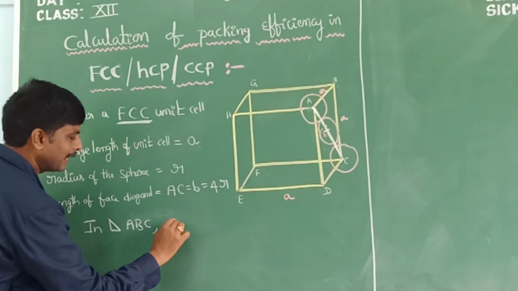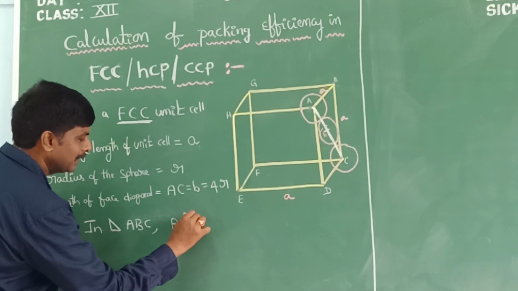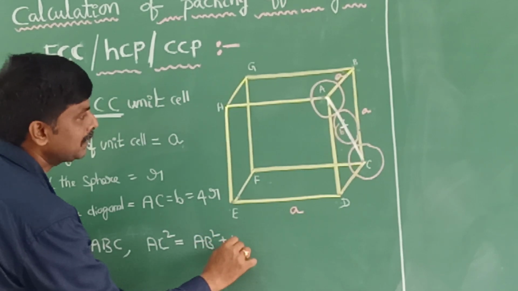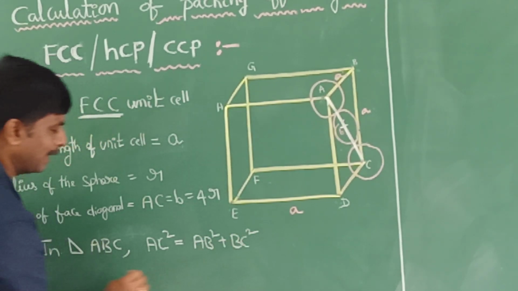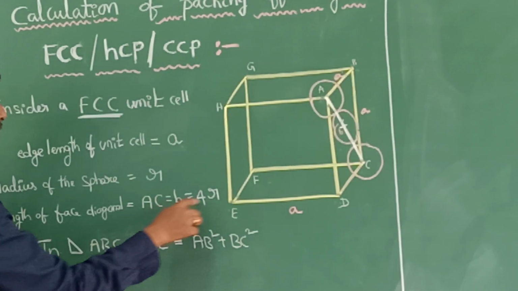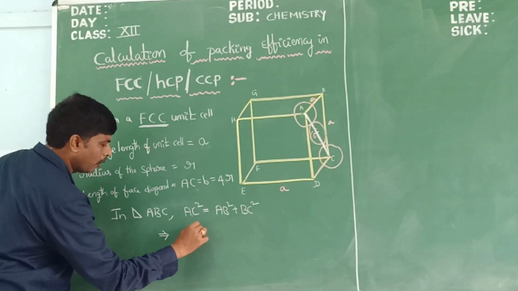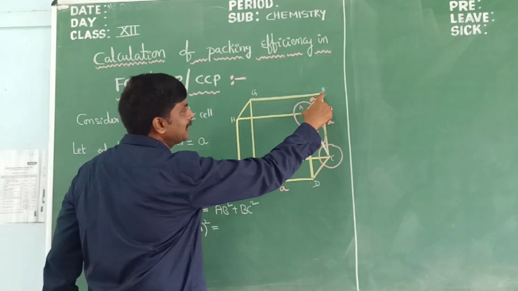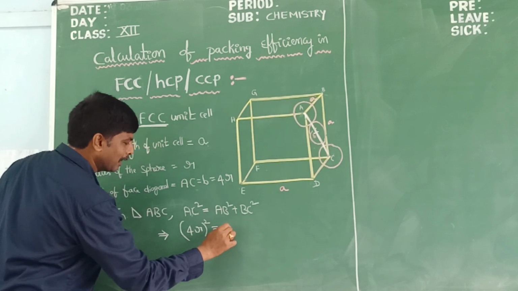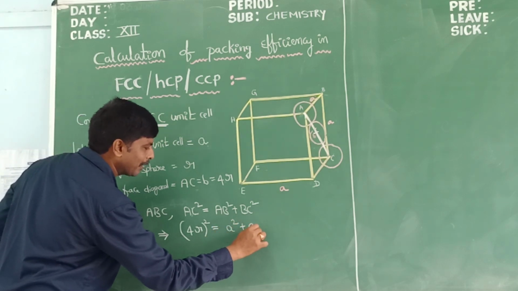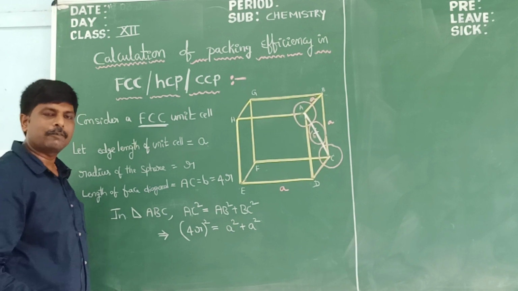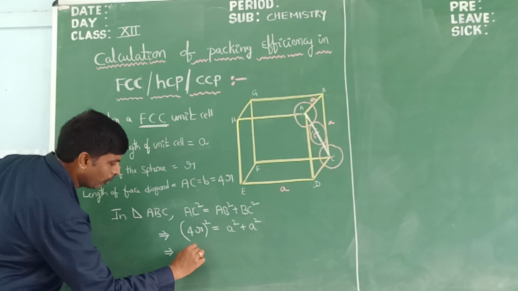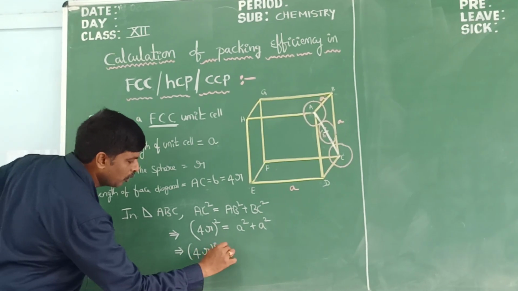AC is 4r, so (4r) square is equal to, AB is the edge length and BC is the edge length, a square plus a square. So (4r) square is equal to 2a square.